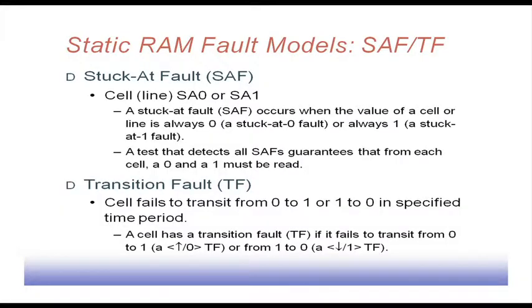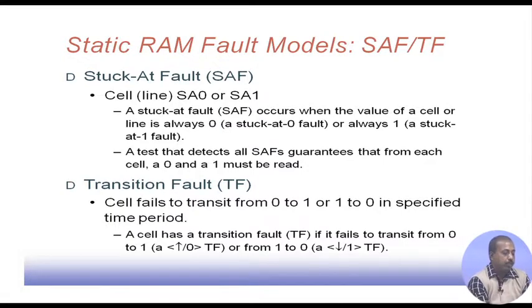Similarly, if we are going to check for a transition from 0 to 1, initially we write a 0 there, then try to write a 1 and see whether the 1 has really come onto the cell or not. So, that way we can have a transition fault. A cell has a transition fault if it fails to transit from 0 to 1.